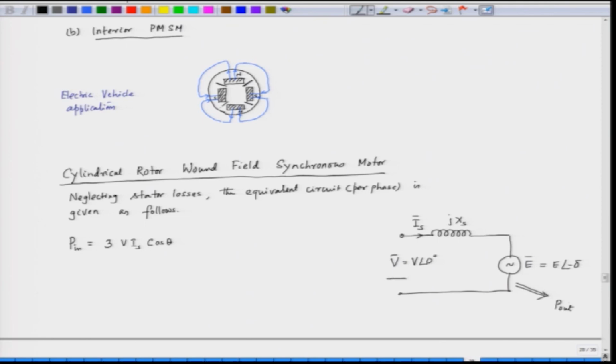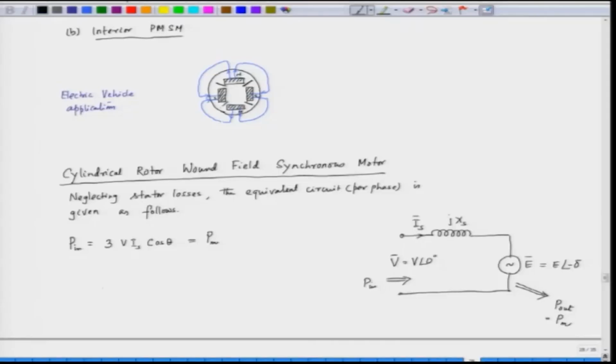So, we have the input power P in, and the power which flows out of this is P out, and that is also same as the mechanical power Pm. We have assumed that it is a lossless system. We have ignored the stator losses, there is no core loss here, we can club the friction with the mechanical load. So, P in equal to P out, and that is same as the mechanical output power.